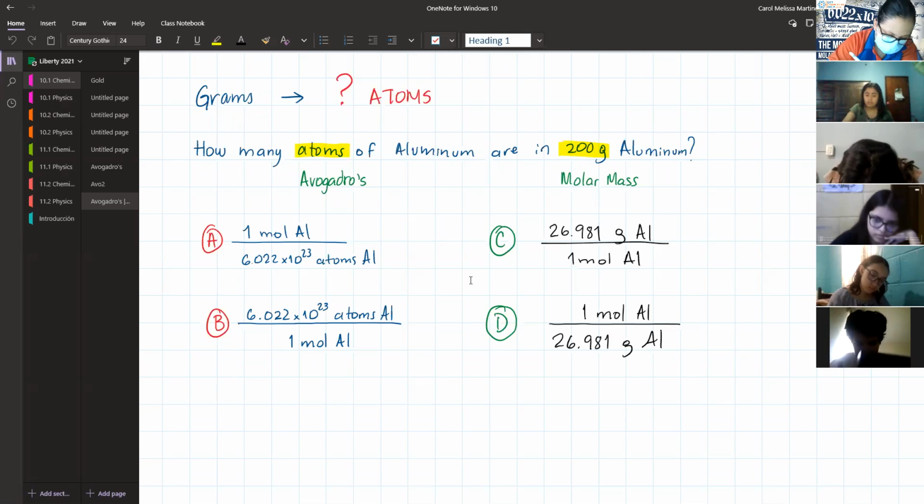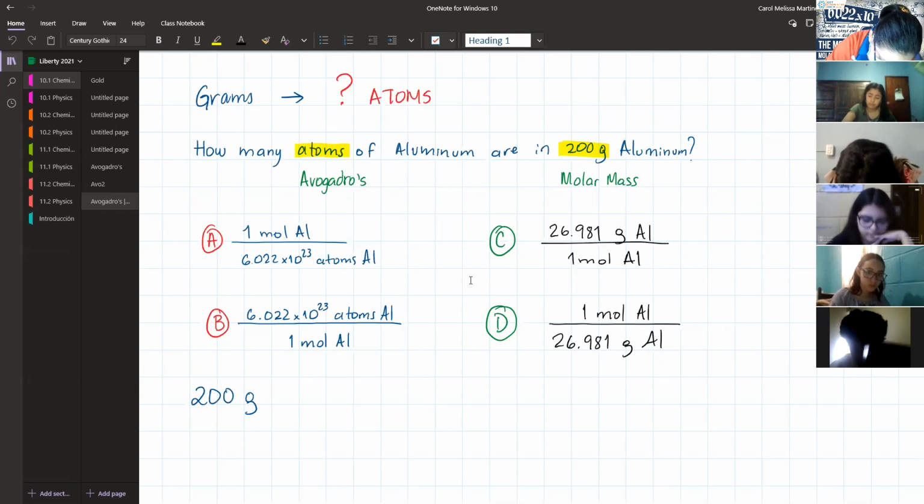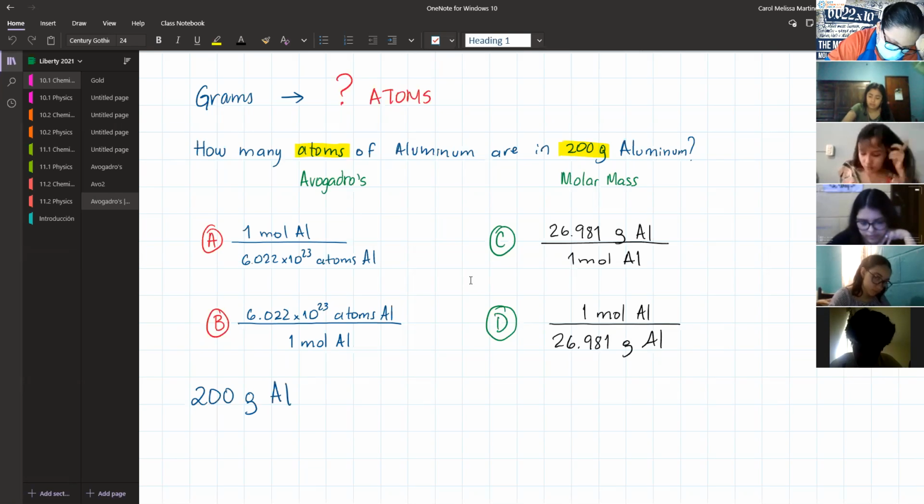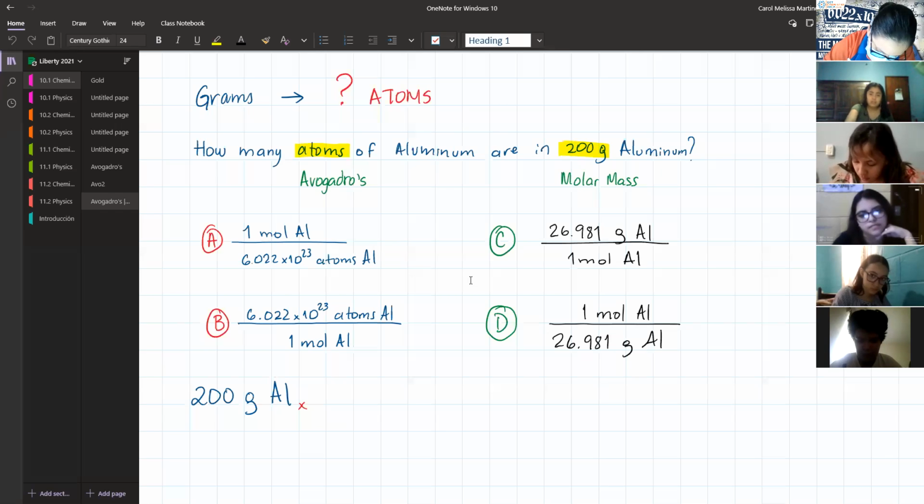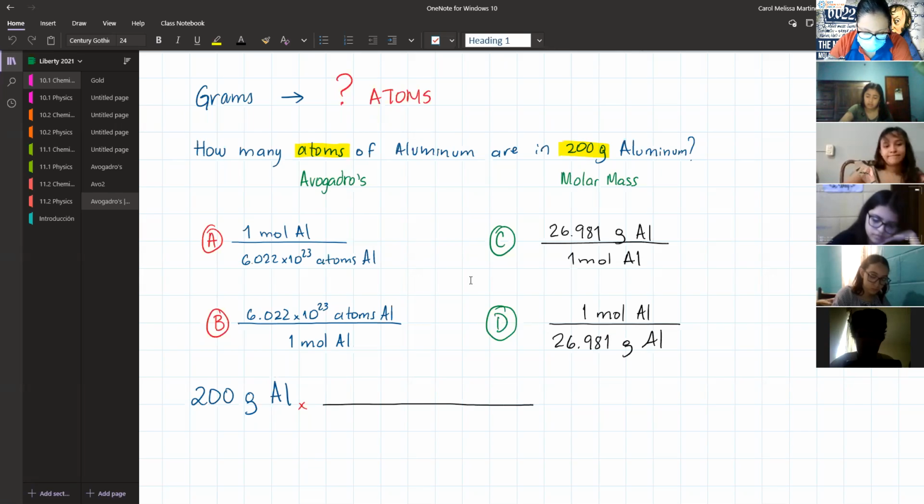So we start the conversion with the given, 200 grams of aluminum. What conversion factor should I use to get rid of the grams? A, B, C, or D?